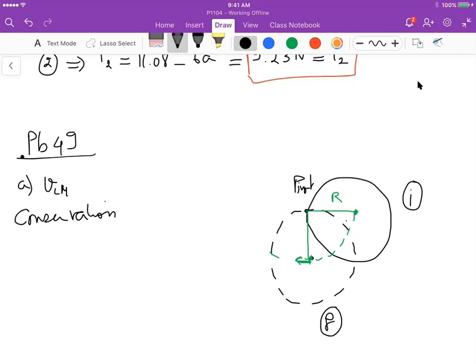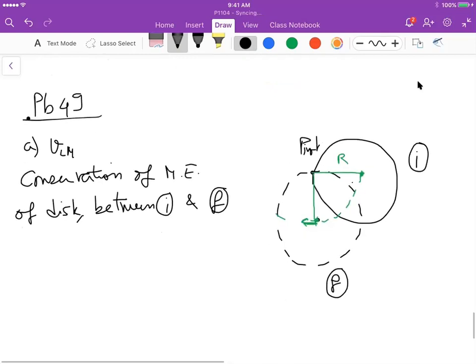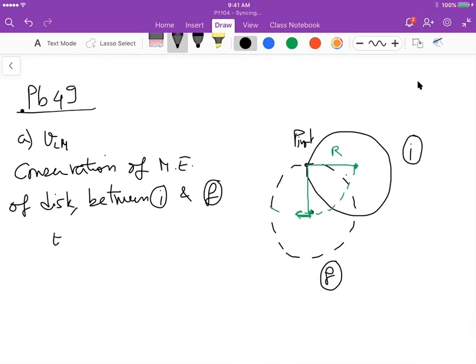So we have conservation of mechanical energy of the disk between the initial state and the final state, as given by the initial position, the full line position, and the dashed line position. It turns out that the mechanical energy is the same.